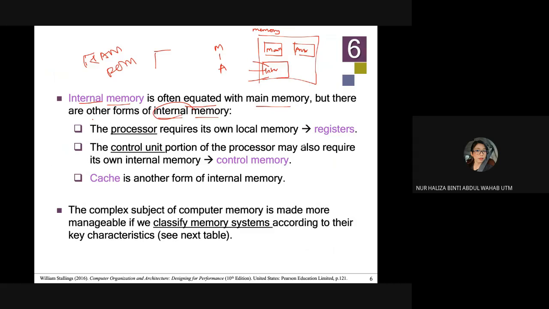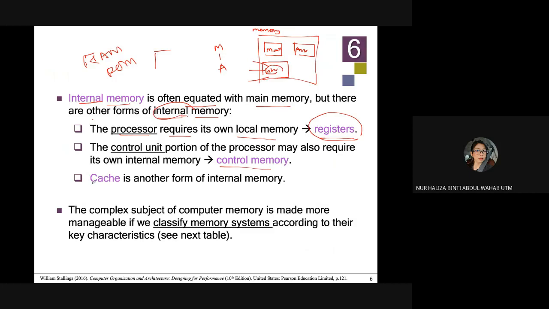First, you're going to have the register. This is a type of internal memory. The register is the processor's local memory. And then you have control memory also, another type of internal memory.